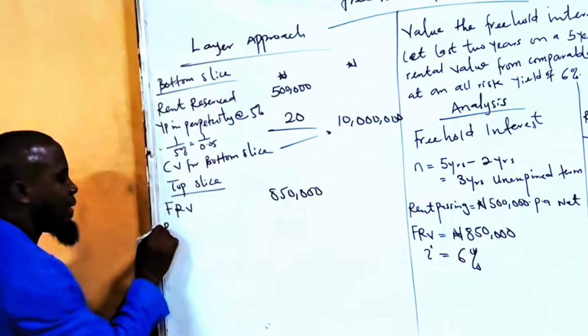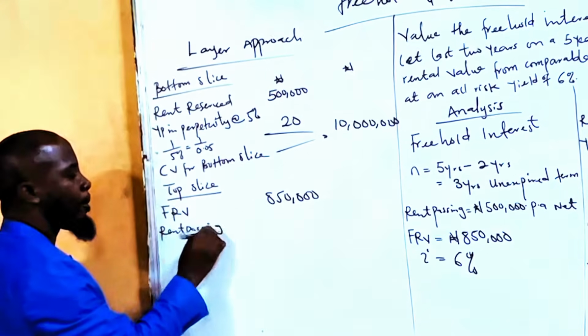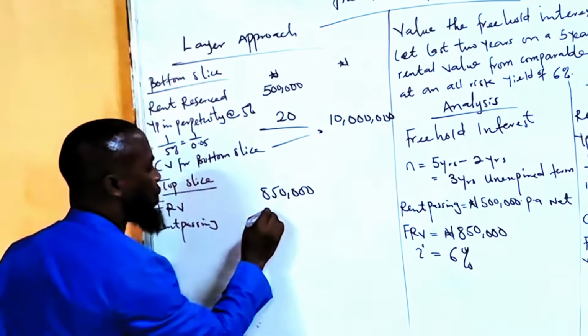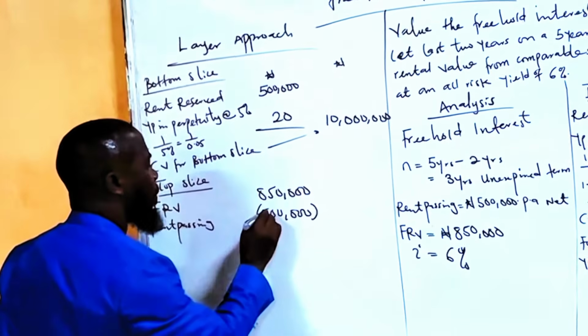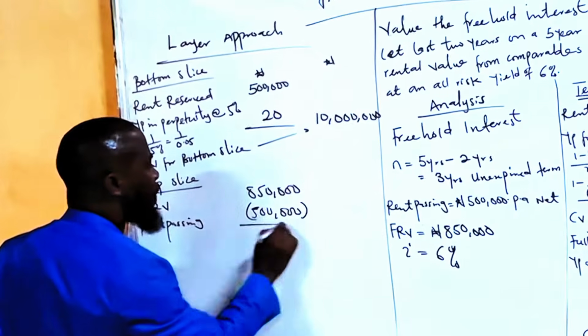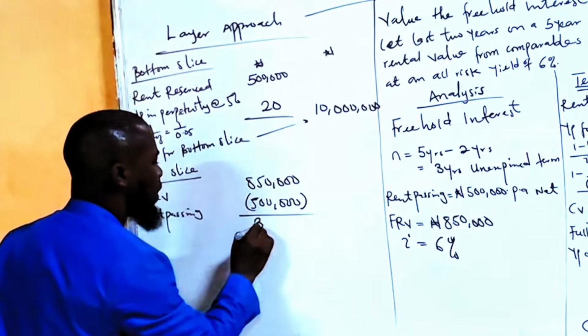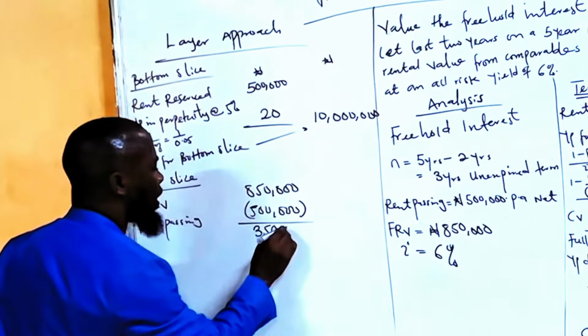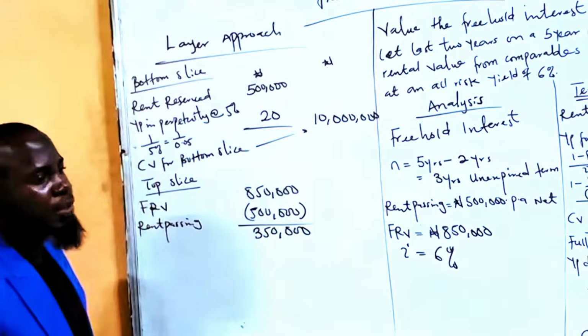The rent passing is 500,000. When you take this away from this, we have 350,000 naira. So it is this 350,000 naira you now capitalize on.